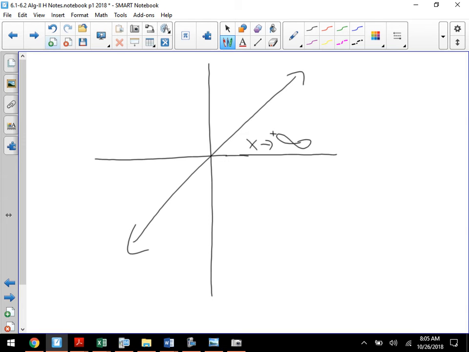It's also getting larger. Y approaches positive infinity. As x gets smaller, what is y doing? Y is getting smaller.